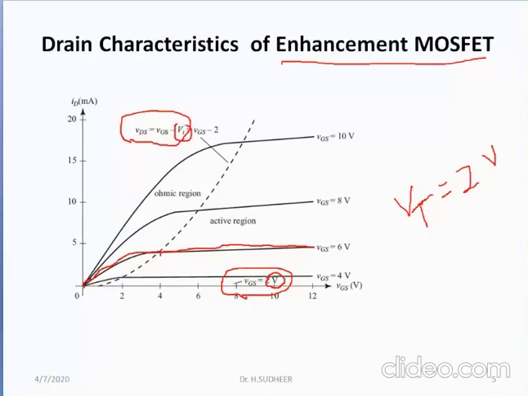Here, instead of pinch-off voltage, we are taking VT. So whenever your VDS is greater than VGS minus VT, it will operate in the active region. Whenever your VDS is less than VGS minus VT, it will operate in the ohmic region. So the border between ohmic region and active region is VDS equal to VGS minus VT, instead of VDS equal to VGS minus VP in case of JFET and depletion MOSFET.